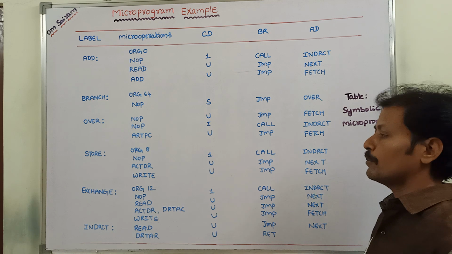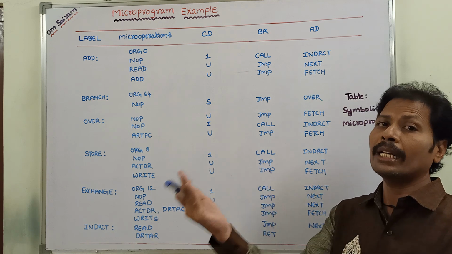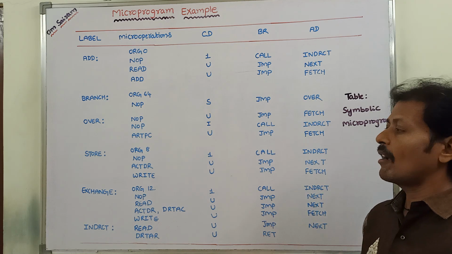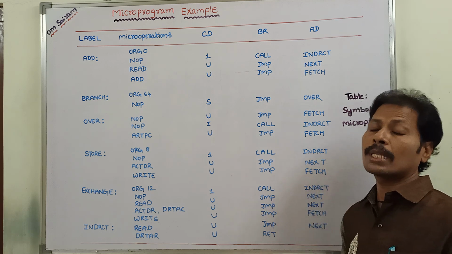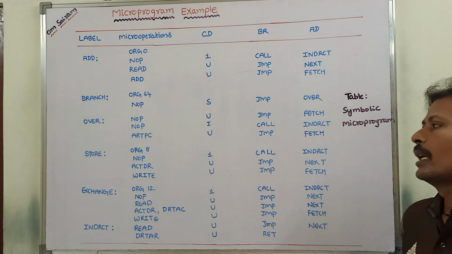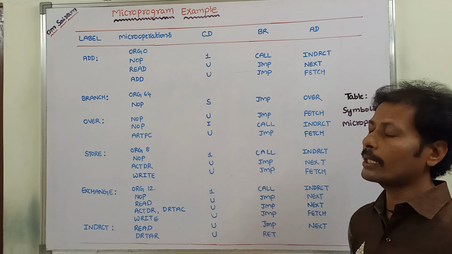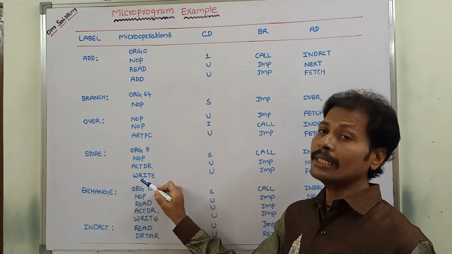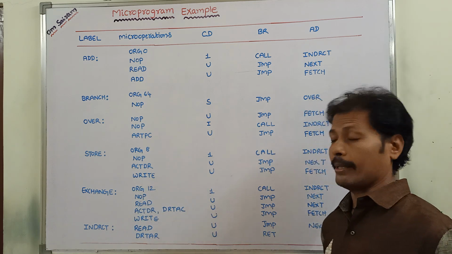Here the accumulator is not directly connected with the memory, so we have to use the data register as an intermediary. Whatever content is in the accumulator can be transferred to the DR register. Whatever content is in the DR register can be written into the memory at a particular address.